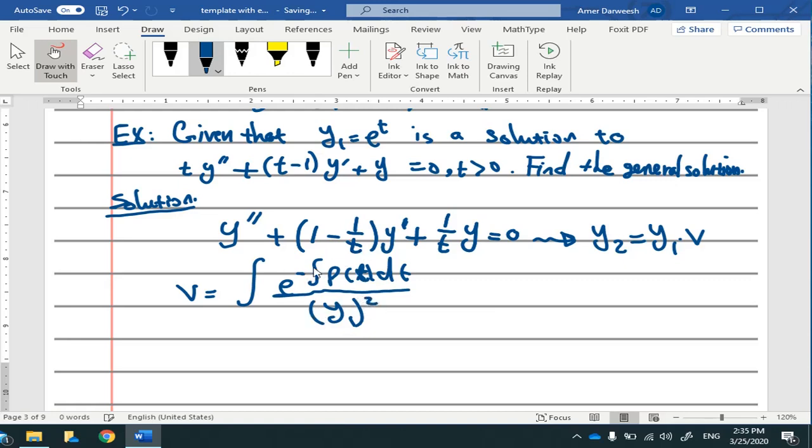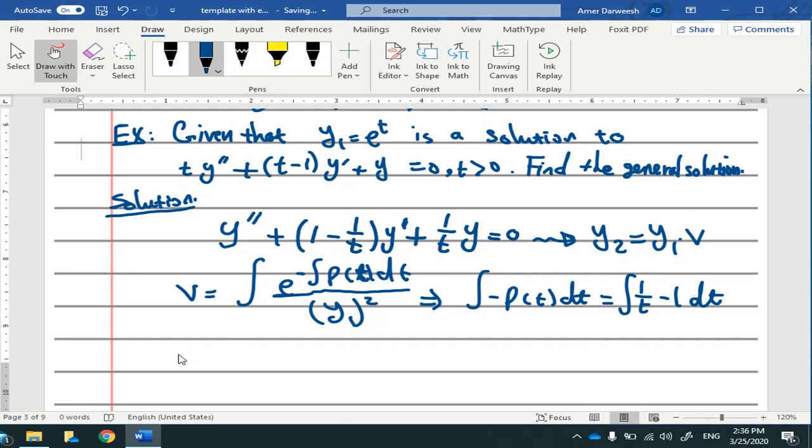So let's first find this term here. We only need to find the integral of minus p of t dt, which is actually the integral of 1 over t minus 1 dt, because I multiplied by a negative.